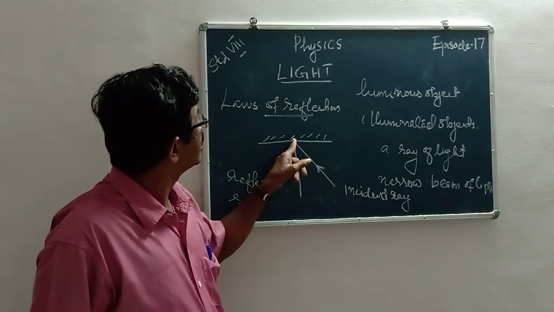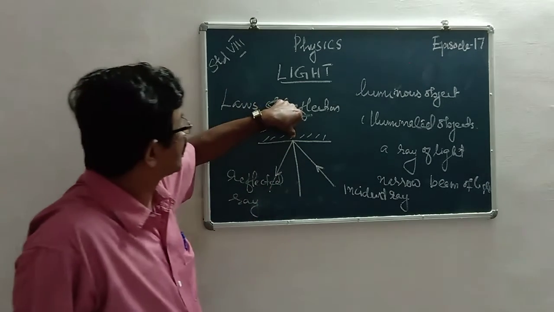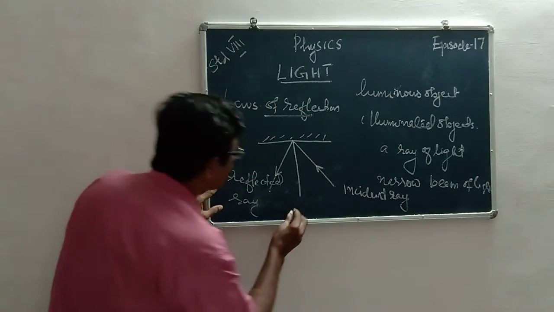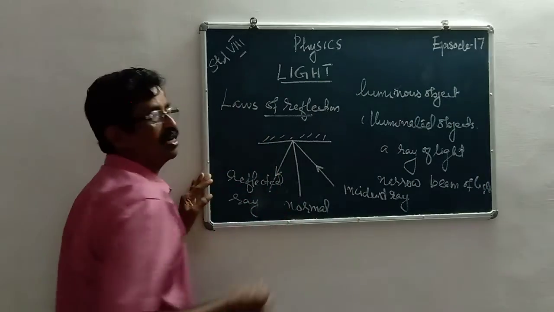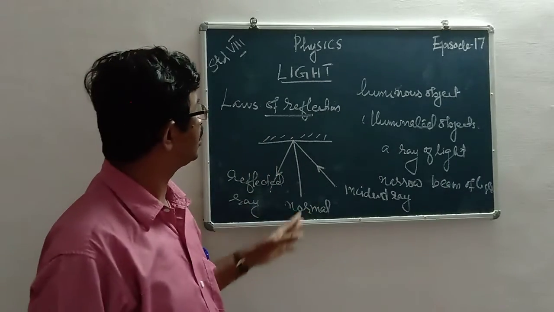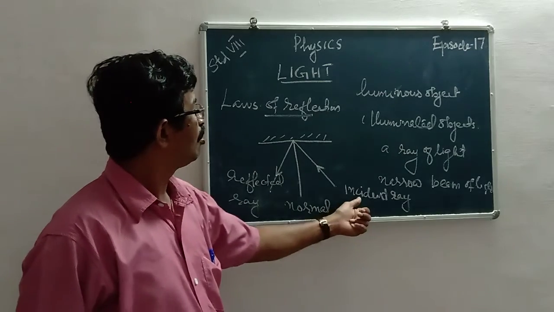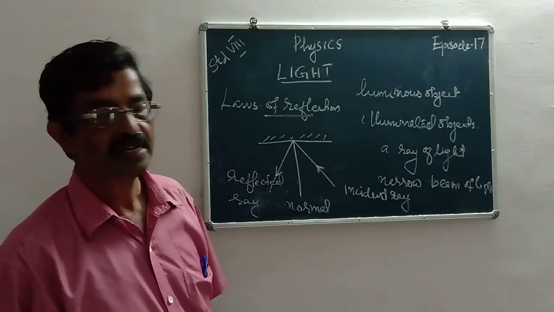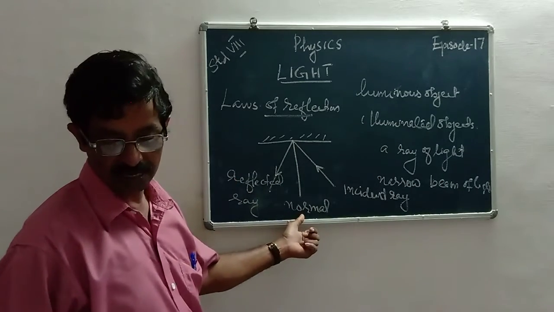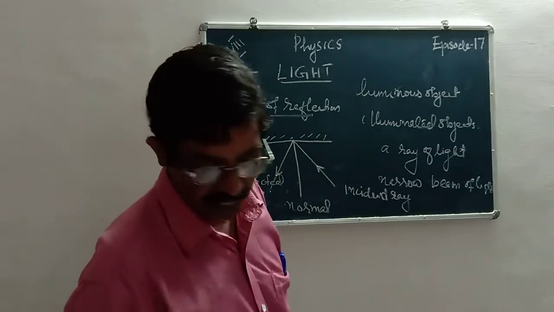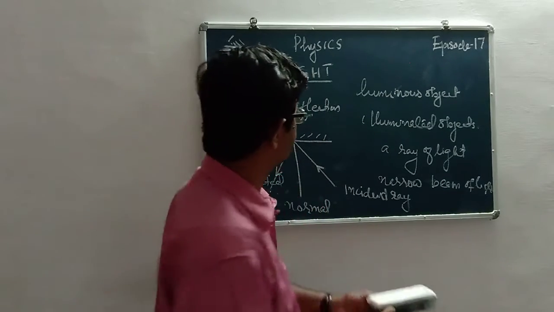And the perpendicular which we drew at the point of incidence of the light ray is called the normal. So here three terms you should remember: the incident ray, the reflected ray, and the normal. See, now we can discuss what actually the incident ray is.